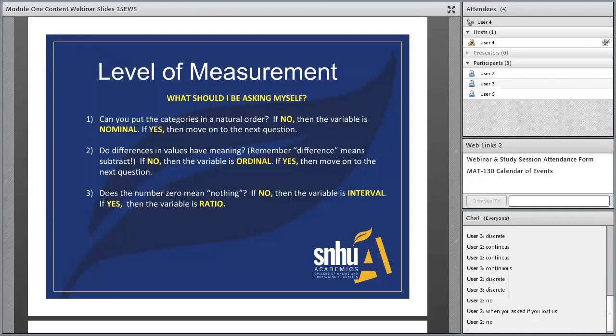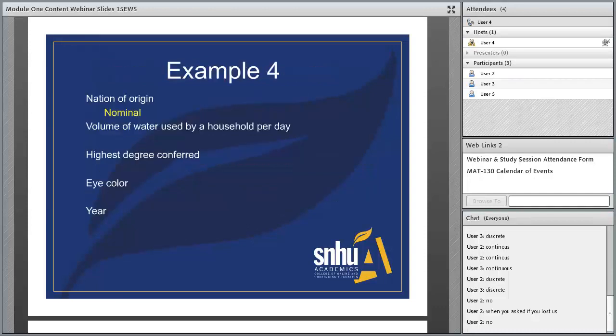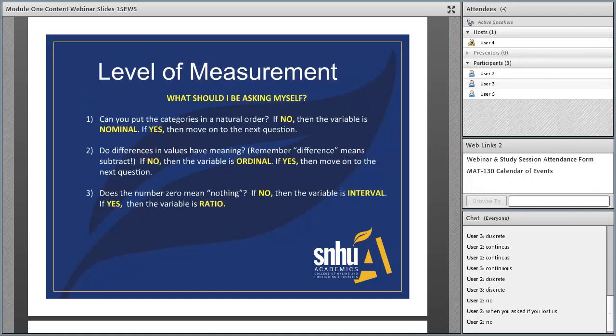Okay, so the answer is no. So therefore, nation of origin is a nominal variable. Basically there's not much that you can do mathematically with nation of origin, right? You can't add. All you can do is say this is this category, this is this category, that's that category.